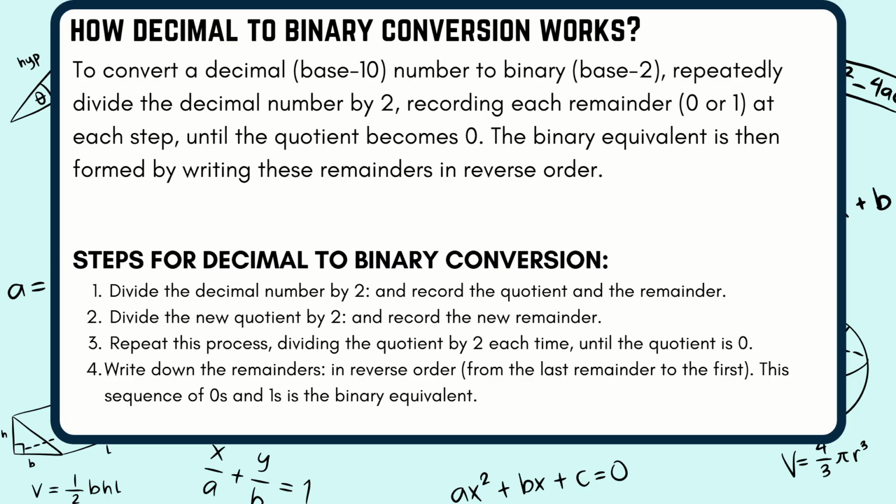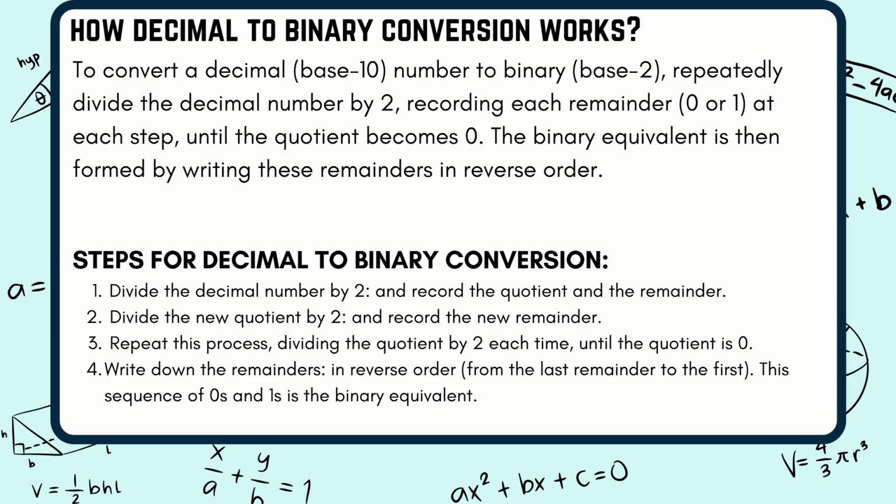So these are the steps for decimal to binary conversion. Step 1, divide the decimal number by 2 and record the quotient and the remainder. Step 2, divide the new quotient by 2 again and record the new remainder. Step 3, repeat the process.